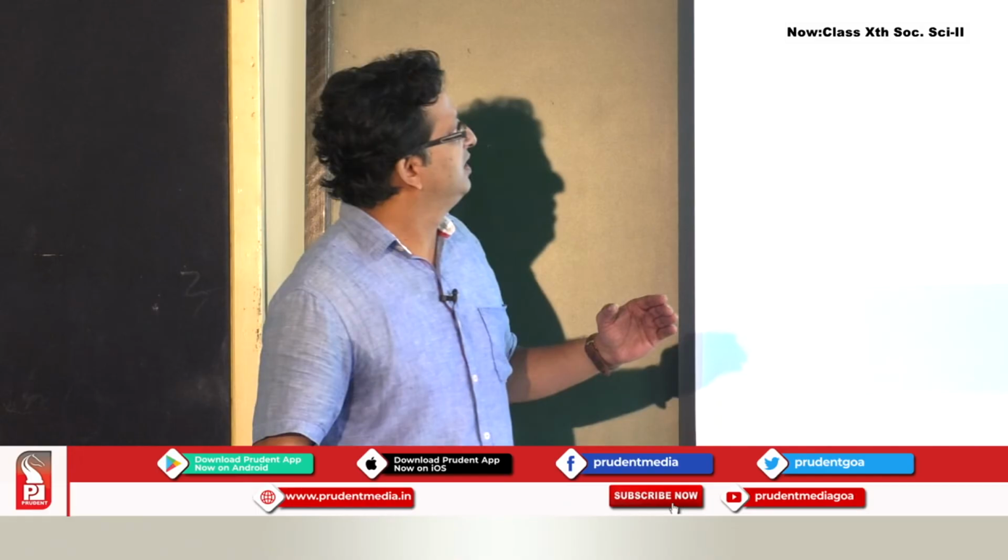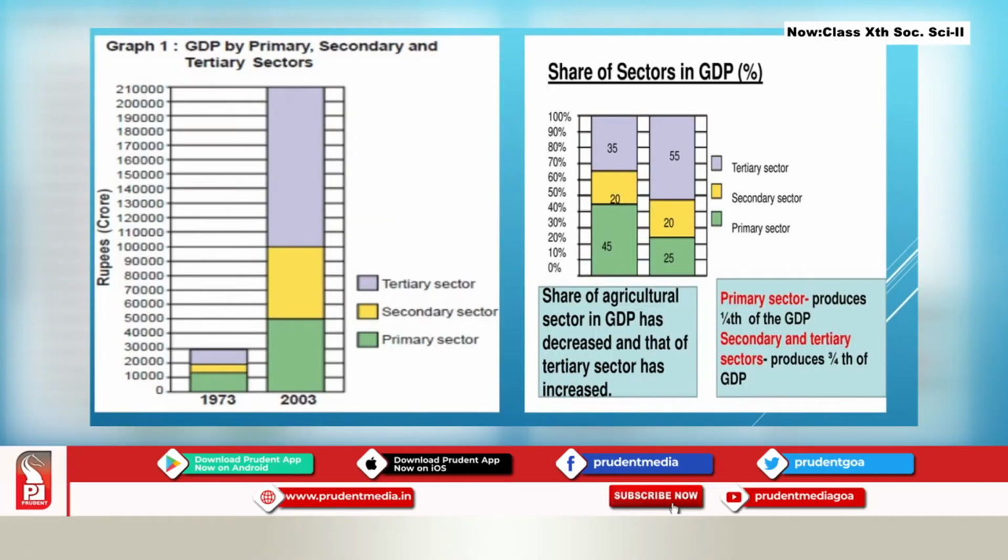It produced almost 55% of the GDP, whereas agriculture produced 25%, and the secondary sector also produced 25% of the GDP. If you look towards the right, it is given in the form of percentages.